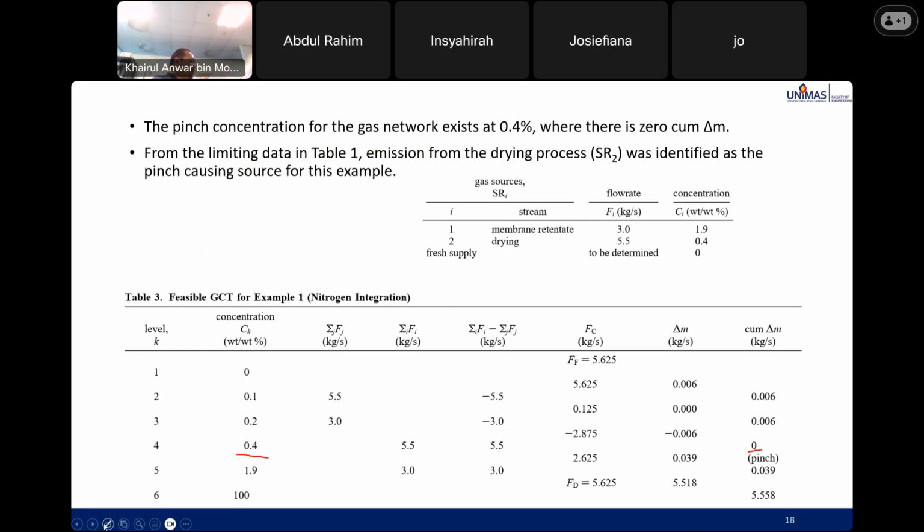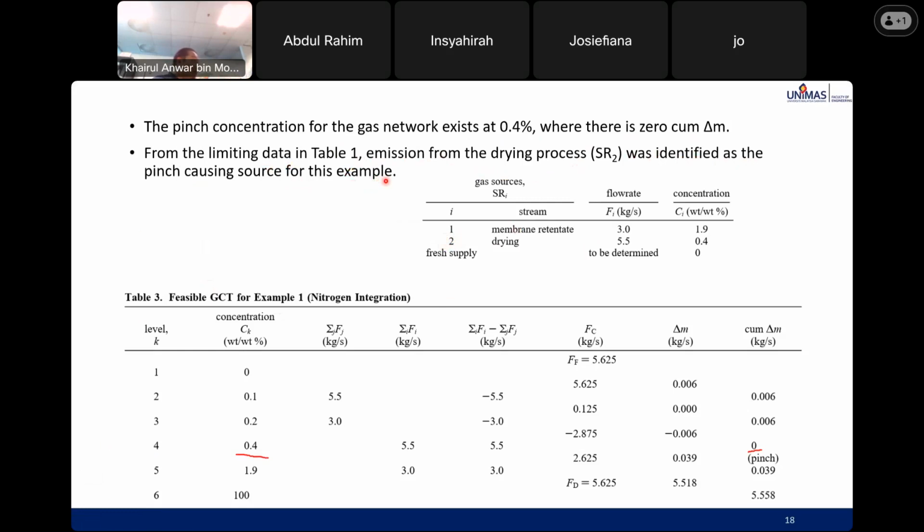From the limiting data in table 1, emission from the drying process, SR2, was identified as the pinch causing source for this example. So refer back to figure 1.